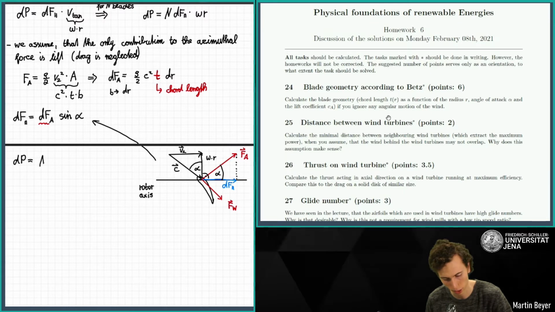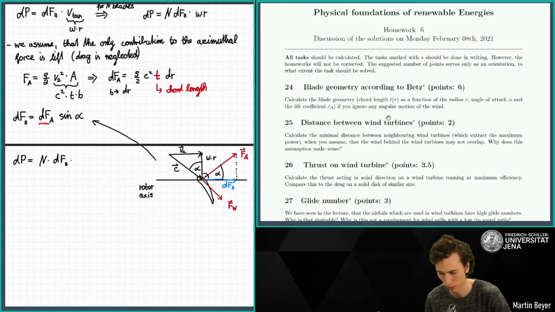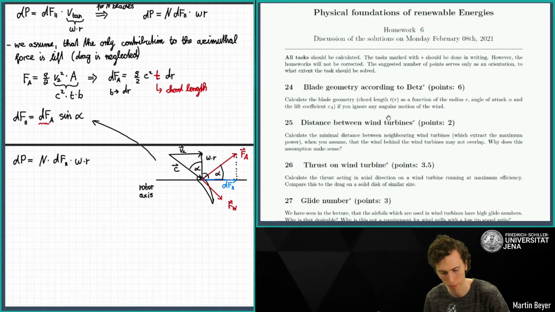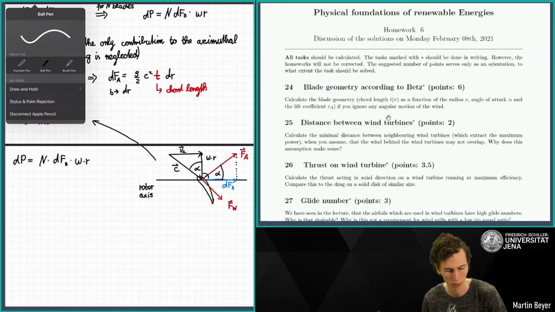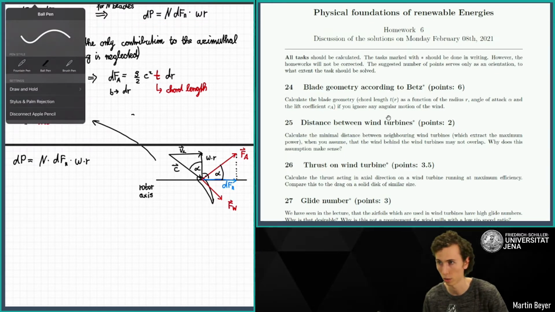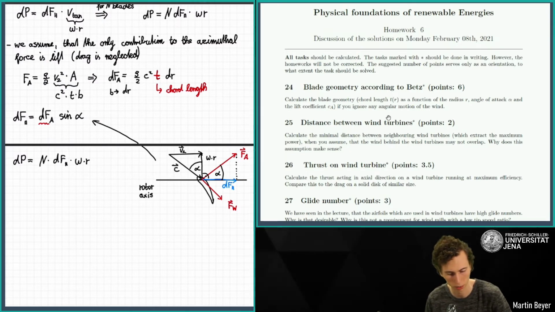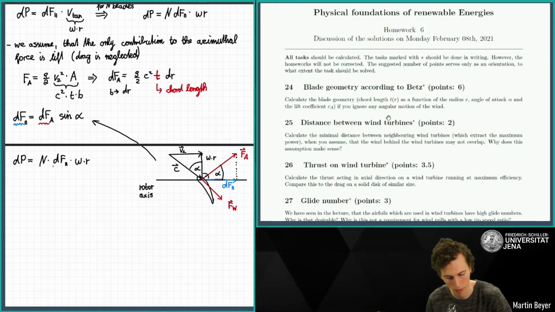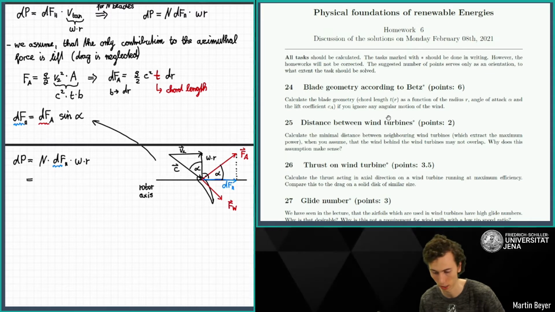This was just for n rotor blades, dP times F parallel times omega times r. This is the same that we wrote here. Now substitute the force into this formula.